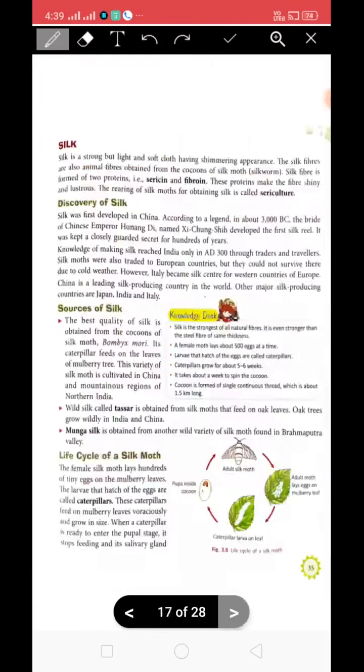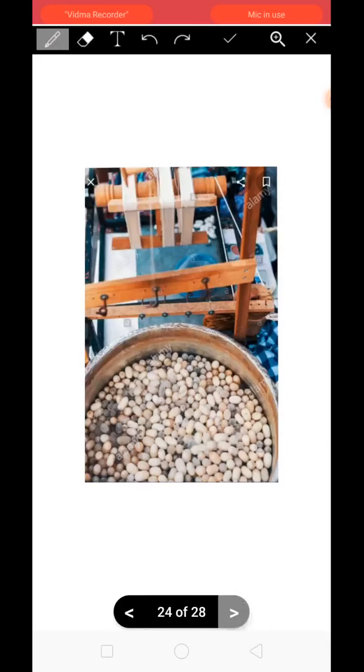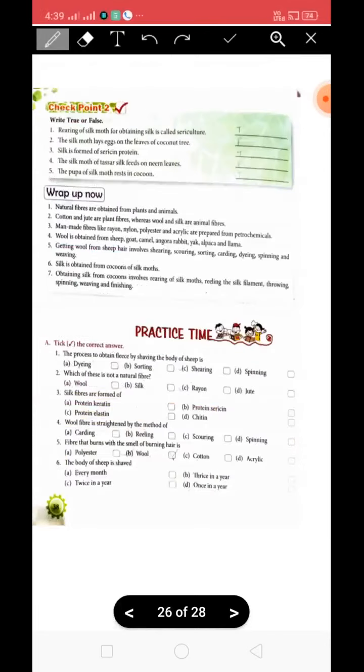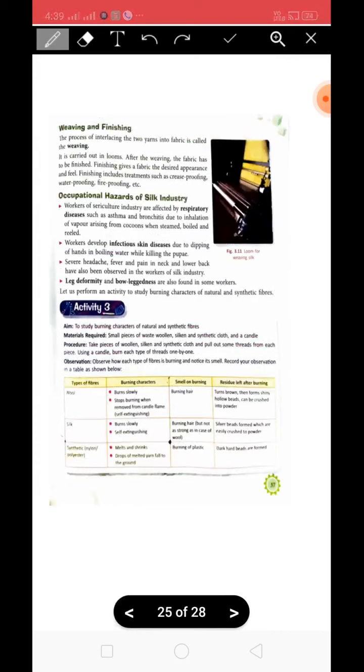Now next is second question: name the disease often developed in people working in silk industry. Okay, the people working in silk industry, see here.